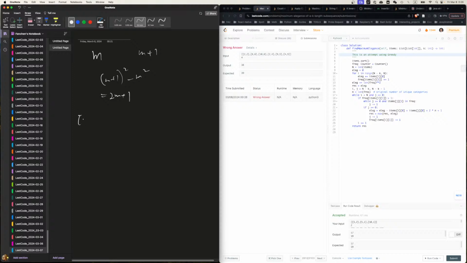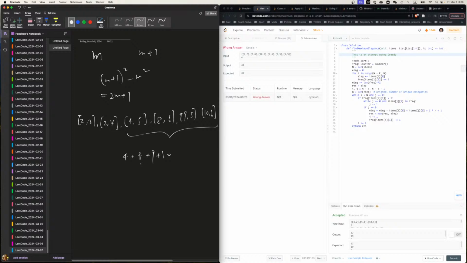All right, so we have 2, 2, 2, 4, 4, 5, 8, 6, 9, 5, and 10, 6. So greedy doesn't work. So what I do is, I group these together. So that's 4 times 8 plus 9 plus 10.